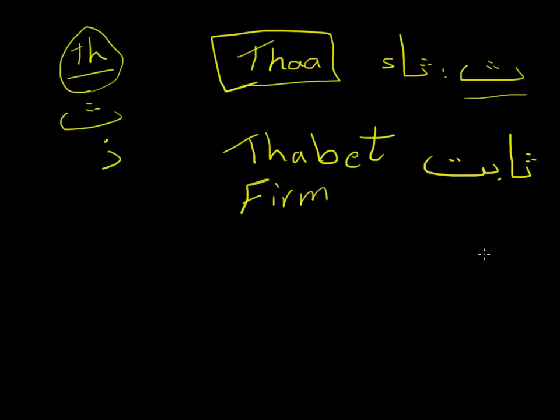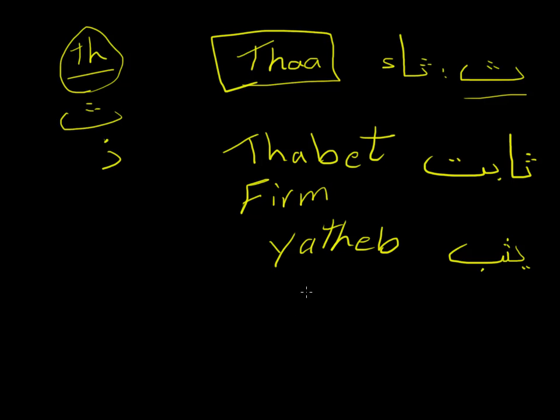Let's start in the middle of the word. In the middle of the word, let's say yathib. So the ba. So yathib. All right, so let's try. Thib.